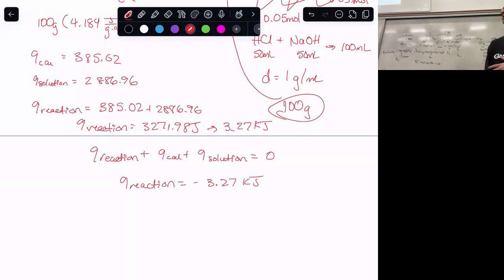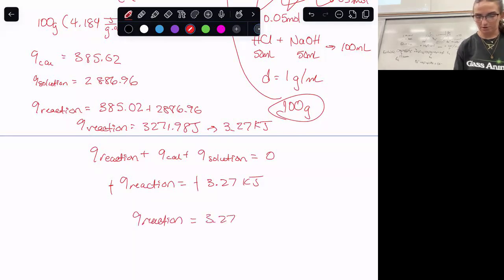So which one gets the negative sign? The Q reaction ends up having the negative sign, so these will cancel out. What's going on in the surroundings is positive, because our temperature is increasing, so we have to be absorbing heat from something else.